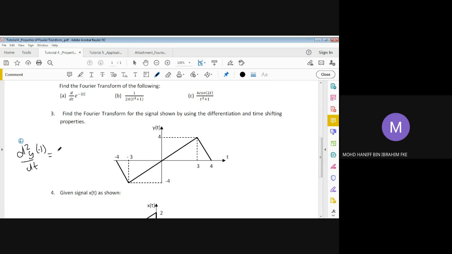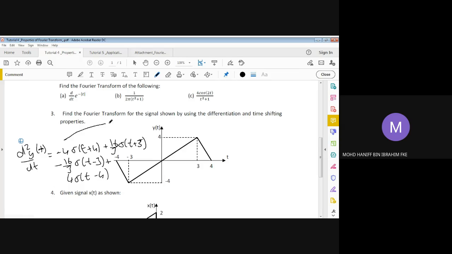Based on what we have obtained before, this equals -4 delta(t+4) plus 16/3 delta(t+3), then a negative impulse, -16/3 delta(t-3), plus 4 delta(t-4). So this is what we have obtained based on the differentiation that we have done.